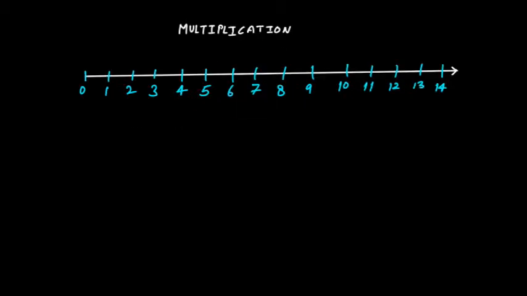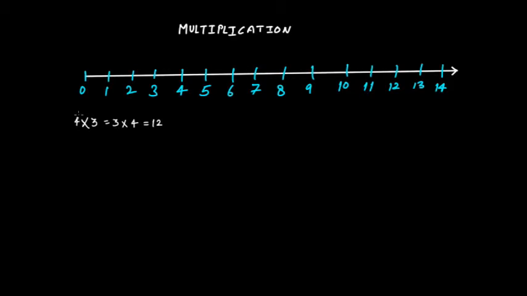Now let's do multiplication and see how we perform multiplication on the number line. Suppose you're asked for 4 multiplied by 3. You know that 4 multiplied by 3 is equal to 3 multiplied by 4, and both will give 12. In the case of multiplication, pay attention, it's a little different from addition and subtraction.